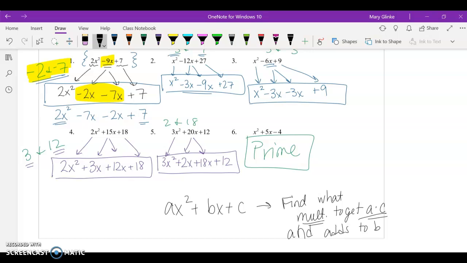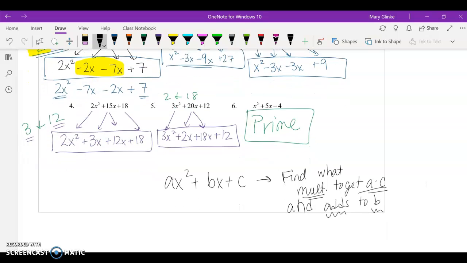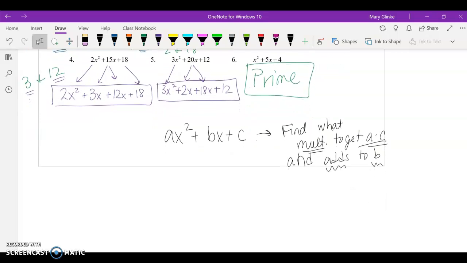So it has to multiply to get a times c, and it has to add to get b. Once you find those numbers, then you're going to split bx into your number pair. And so you'd have ax squared, you'd split your number pair, and then plus c at the end.